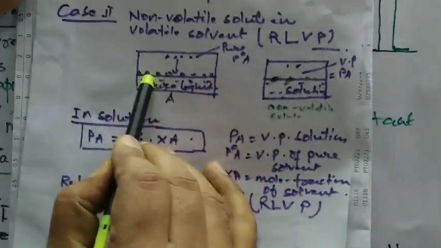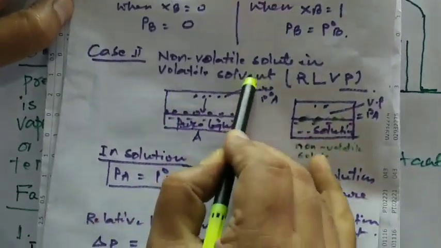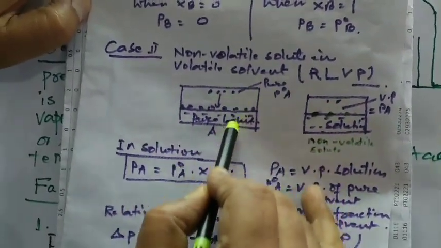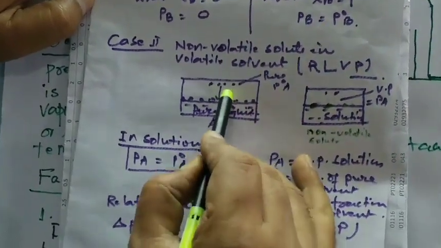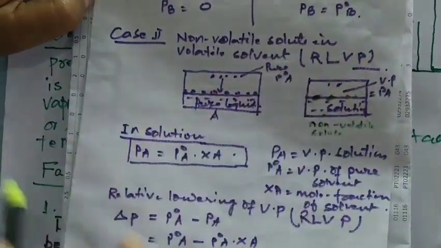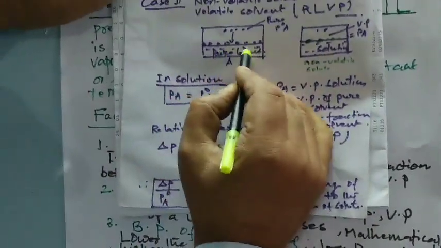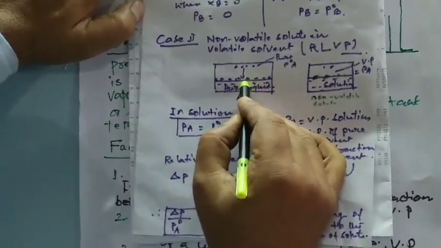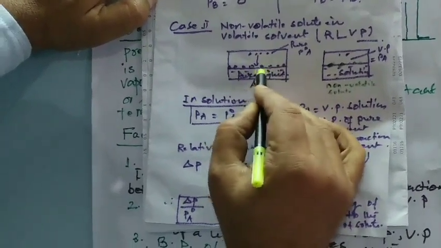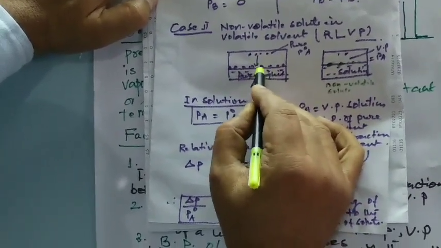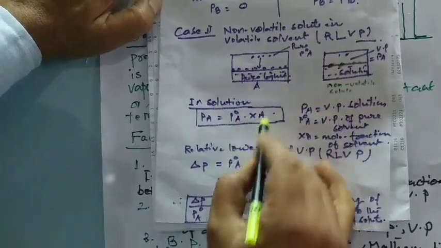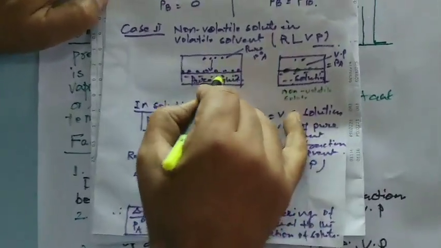That means on the surface, the particles of the liquid will be fewer, so its vapor pressure will be less, which is called the partial pressure of that liquid. The partial pressure of that liquid will depend on how much mole fraction of that liquid is present in the solution.